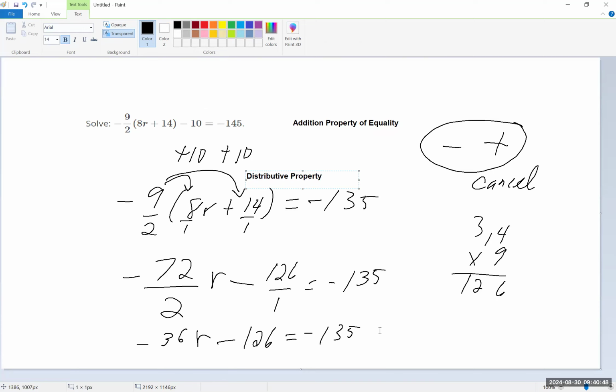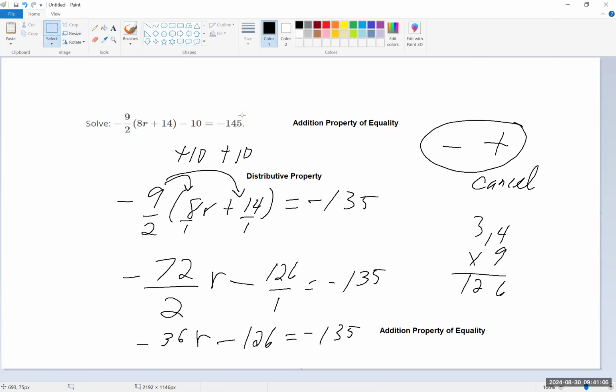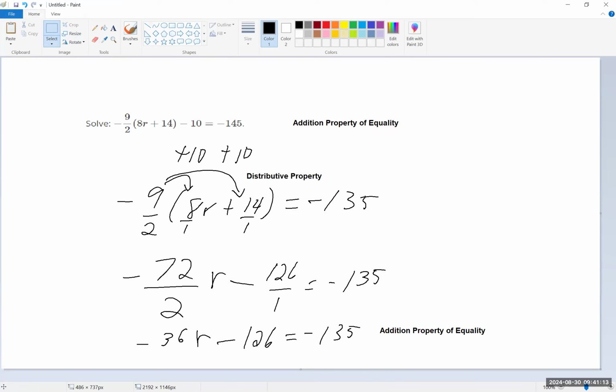Now I'm going to use the addition property of equality, which means that I'm going to add 126 to both sides. And I actually just found a mistake.